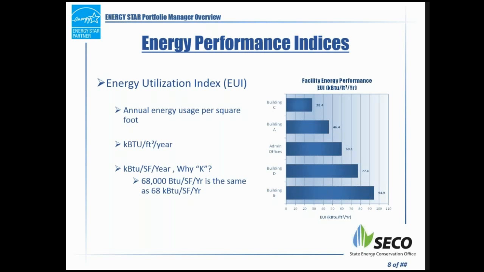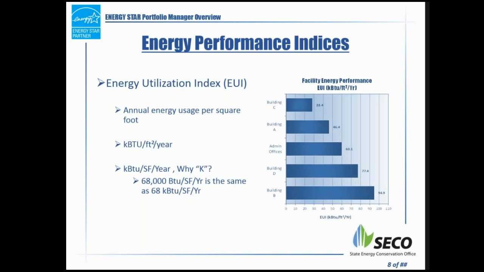The first one is Energy Utilization Index, and we went over this in the previous webinar, but I'd like to just repeat it here, which is the annual energy use per square foot. It is also expressed in kBTUs per square foot per year. The question that I'm normally asked is, why do we have a K with it?